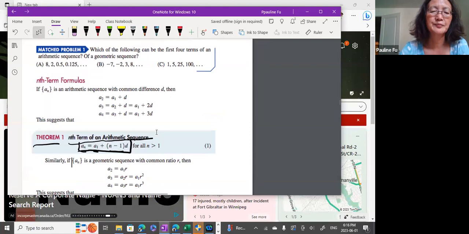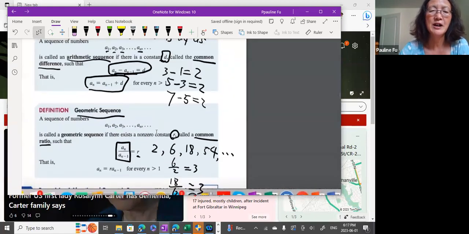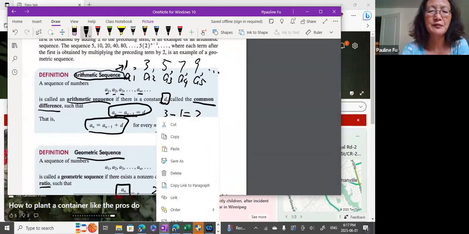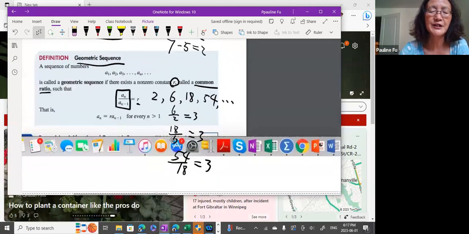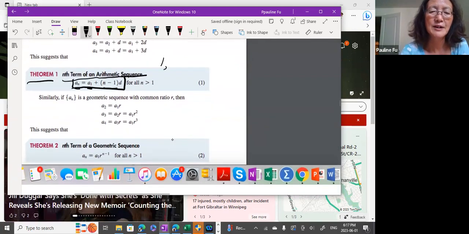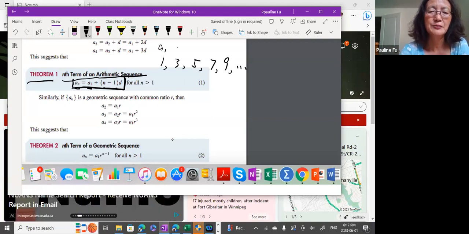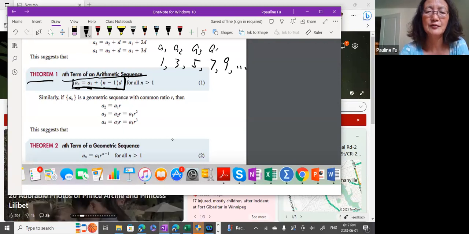For example, I give you an arithmetic sequence here, 1, 3, 5, 7, 9. I will use this example again. So A1 is 1, A2 is 3, A3 is 5, A4 is 7, A5 is 9.